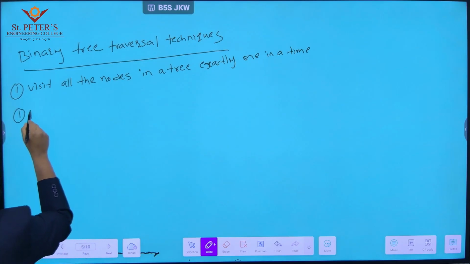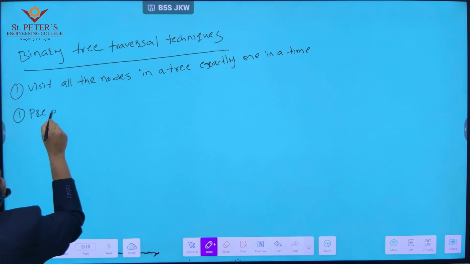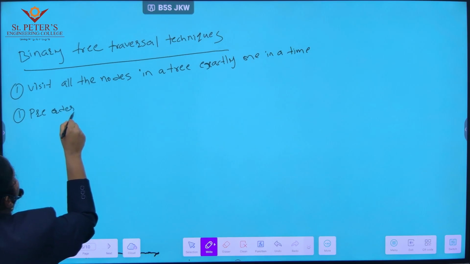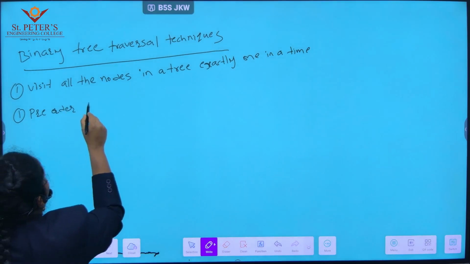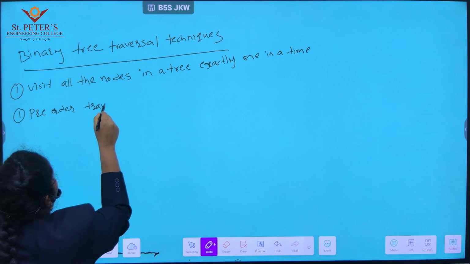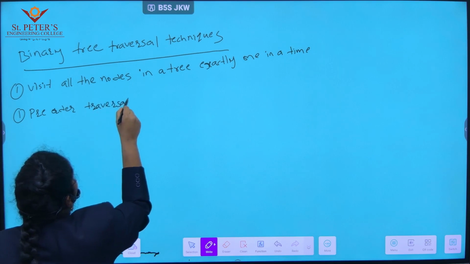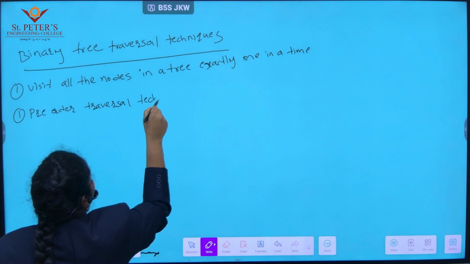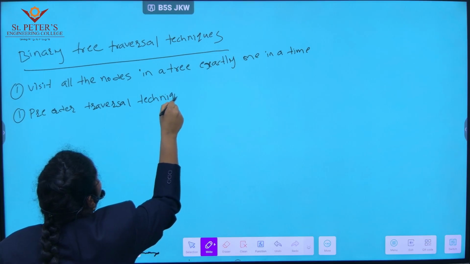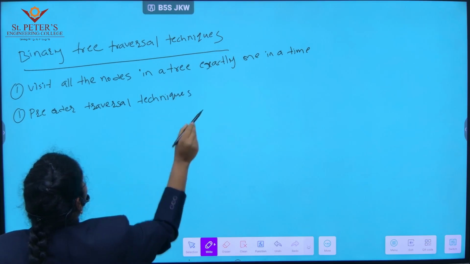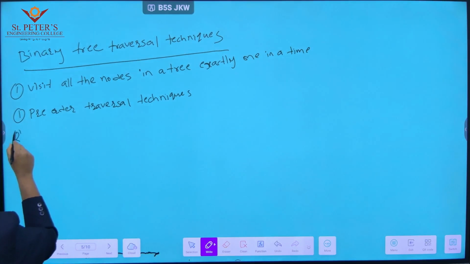First one is pre-order traversal techniques.